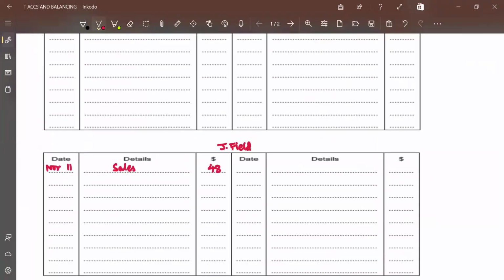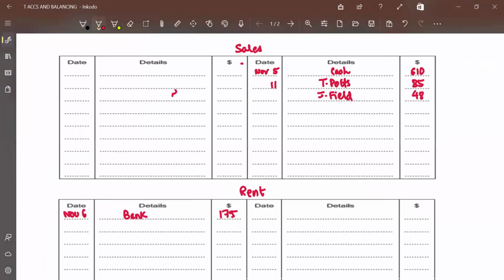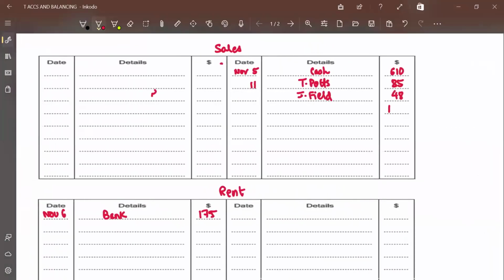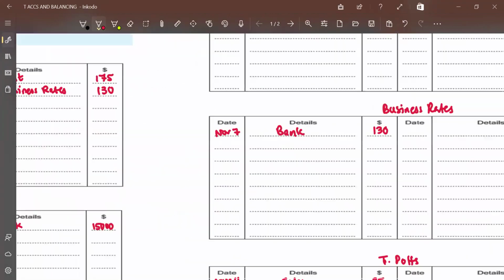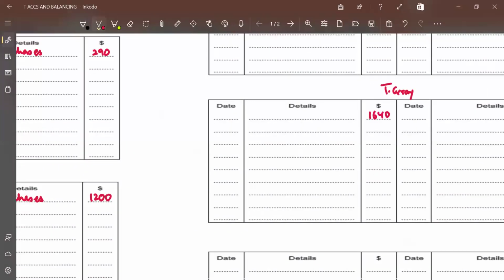So J Field owes the business $48. Teapot owes $85. And then we talk about T Gray, who owes us 1640. So 1640, sales are always credited. You have a T account for T Gray. It's 1640. It's because of sales and it is on the 11th of November.